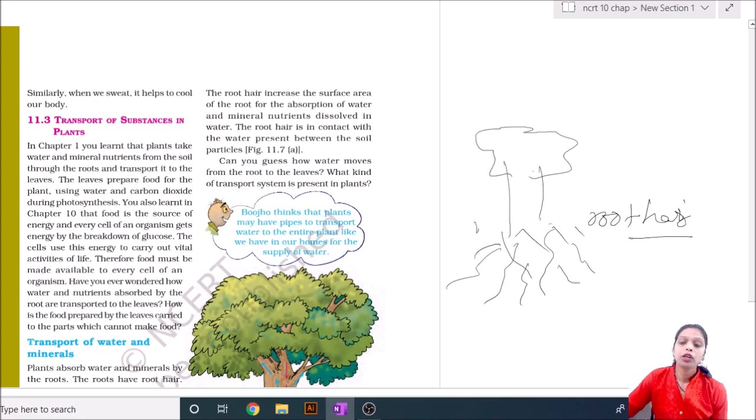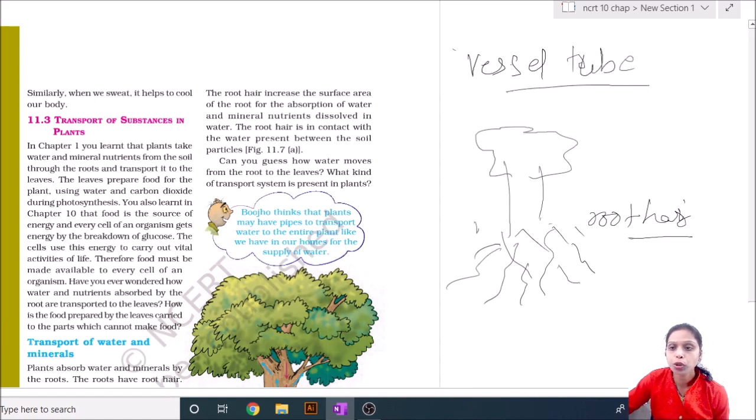That root hair absorbs the water and minerals and transports them through a vessel tube to all parts of the plant.